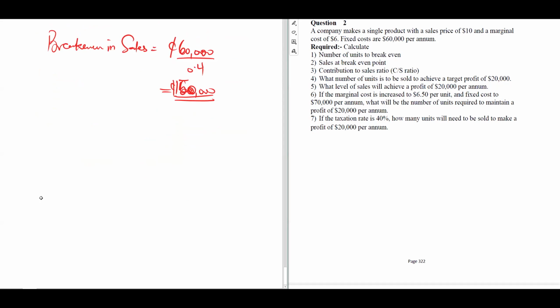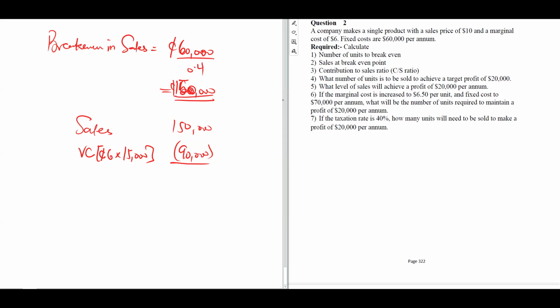Okay. If you are not sure, test it and see. If sales is equal to 150,000, variable cost was what? Variable cost was 6 cedis times the same number of units, which was 15,000. 6 by 15 gives us 90,000, right?